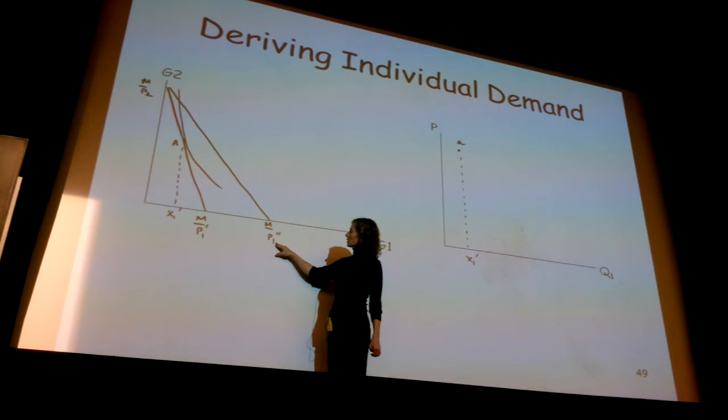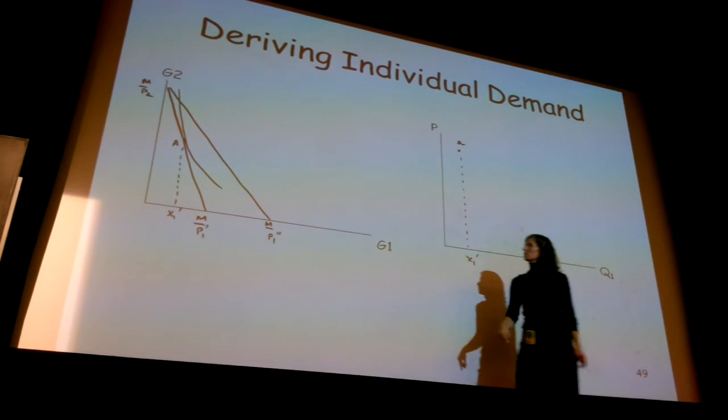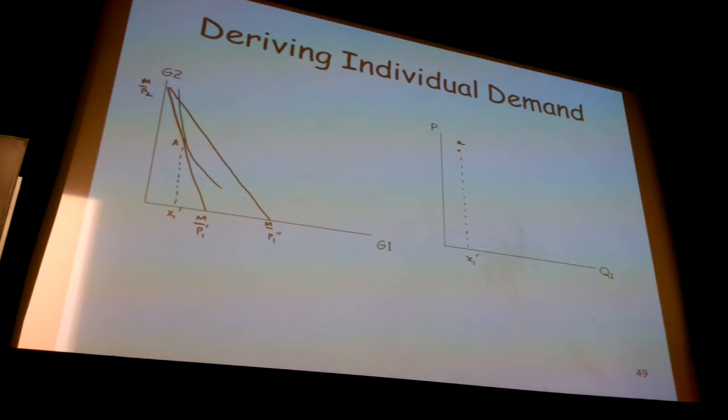Now we have this slightly lower price, p1 double prime. It's going to lead to this new x-intercept, and now we're going to have a new optimal consumption bundle. Maybe it occurs at point B, which I'll label here. There I have a slightly higher consumption of good one. I'll call that x1 double prime.